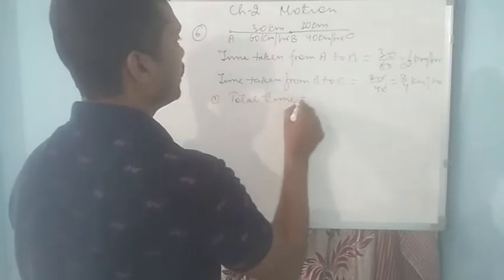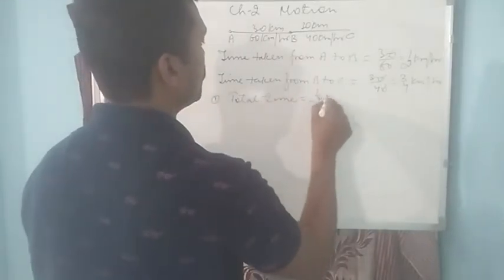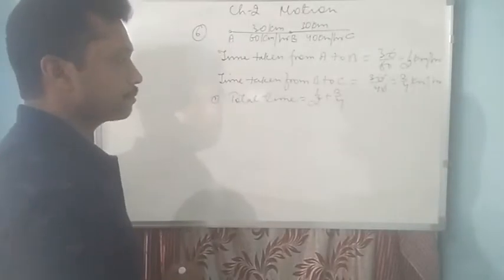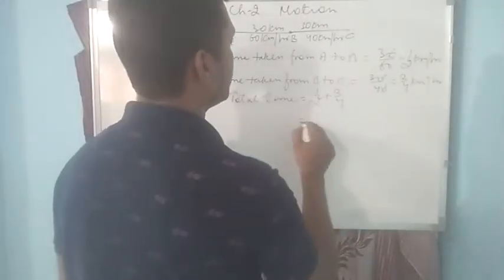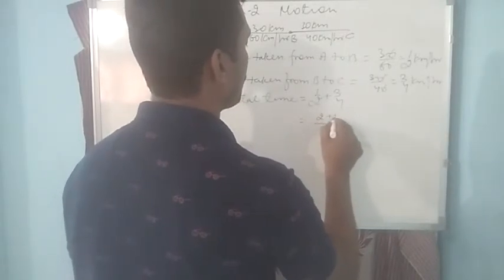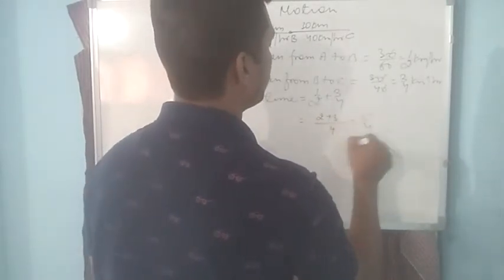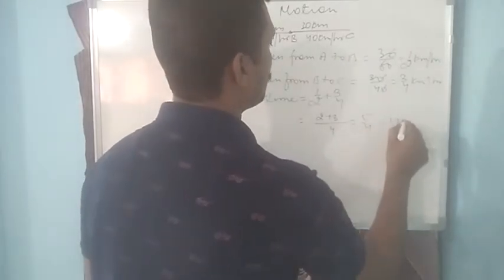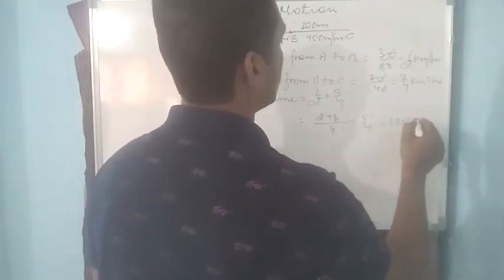Total time will be 1 by 2 plus 3 by 4. You can take the LCM, which is 5 by 4. 5 by 4 means 1.25 hour.